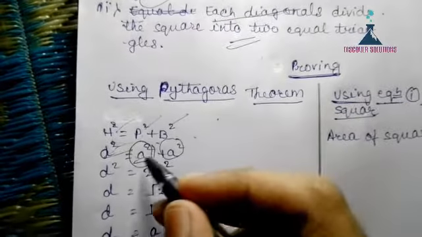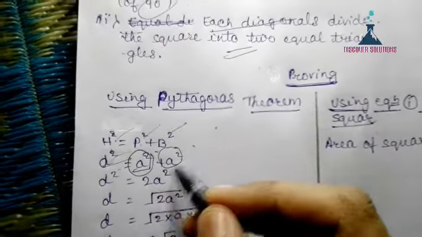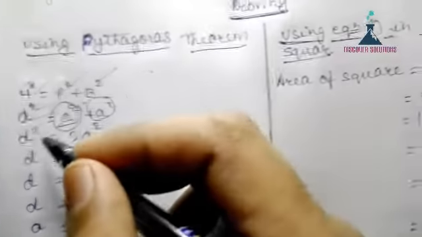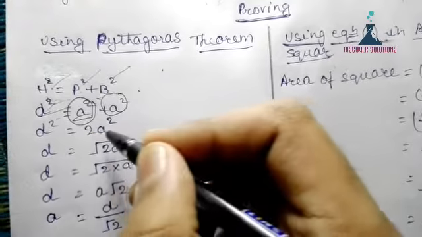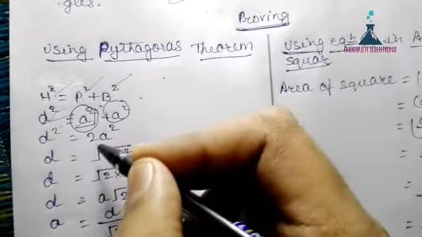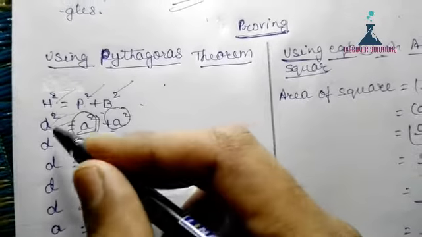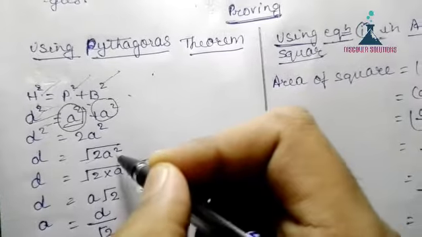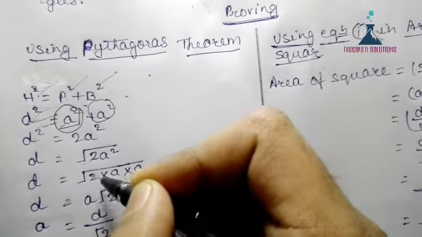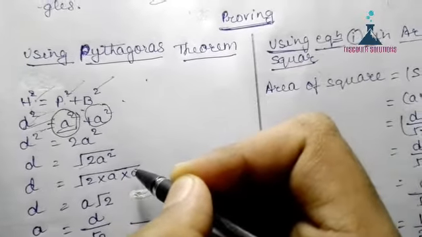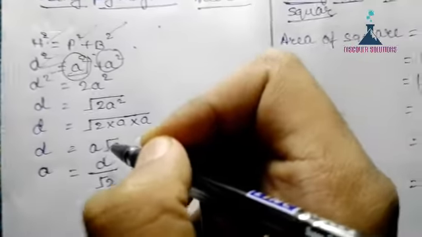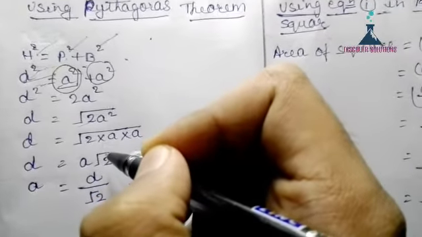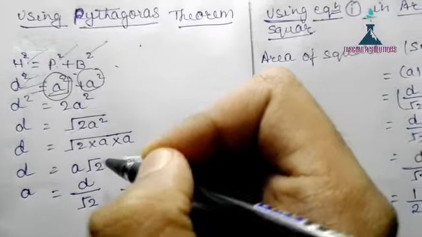So we write d square is equal to a square plus a square. After we move forward, d square is equal to 2a square. We will add and we'll get 2a square. Now taking the square root on the right side, we'll get d is equal to root of 2a square. So if we split 2 into a into a, a into a is a perfect square, so we take a outside and root 2 separately.